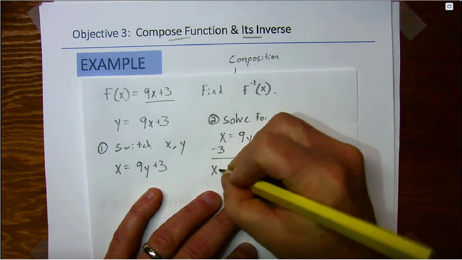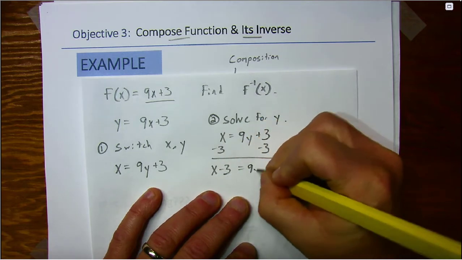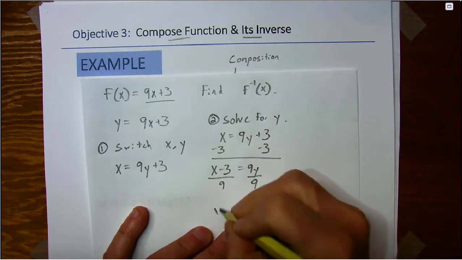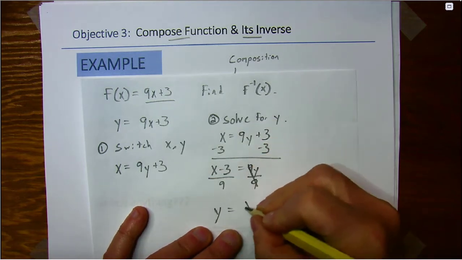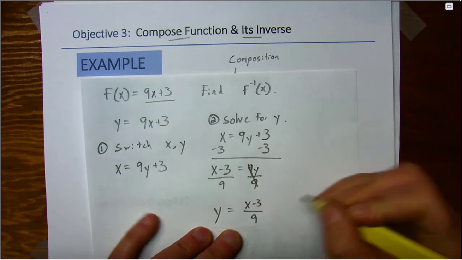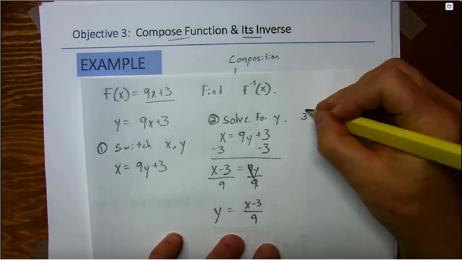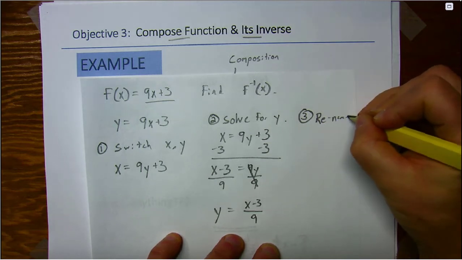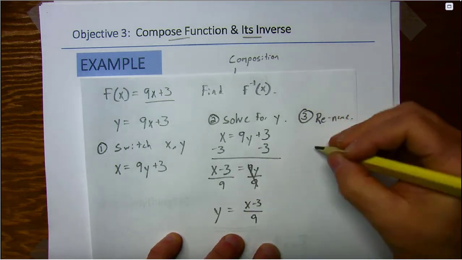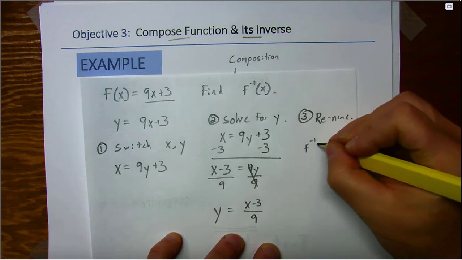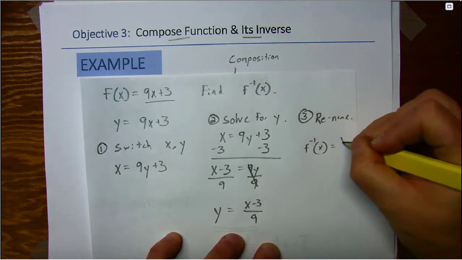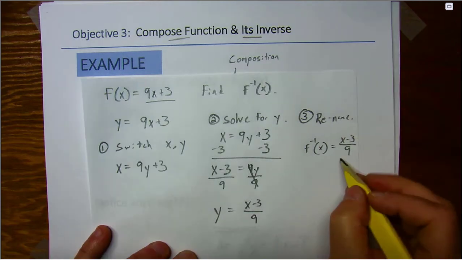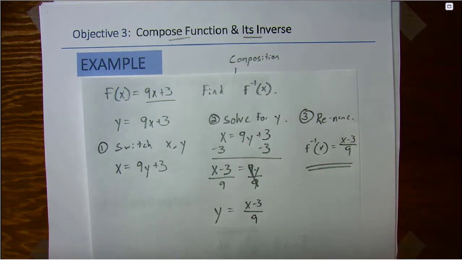And this becomes x minus 3 equals 9y. And if we divide by 9, we get y equals x minus 3 over 9. There it is. Step 3 is just to name it accordingly. And so we're not going to call this y anymore, but this is f inverse of x. And it is x minus 3 over 9. And so we get f inverse of x is equal to x minus 3 over 9.